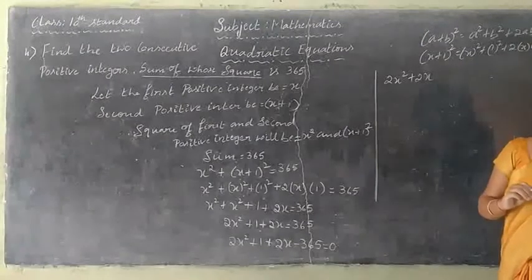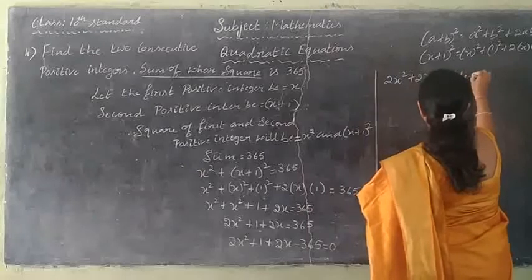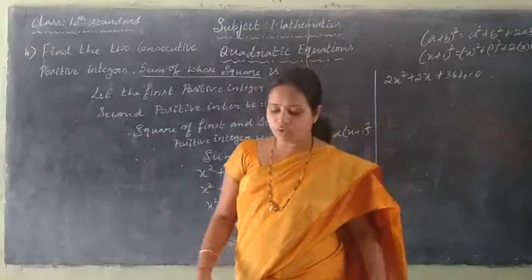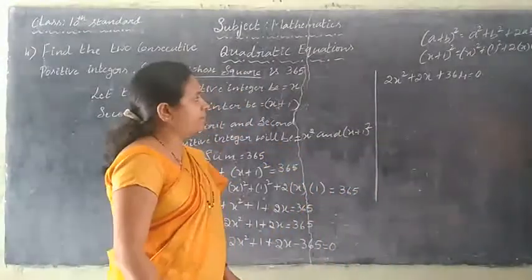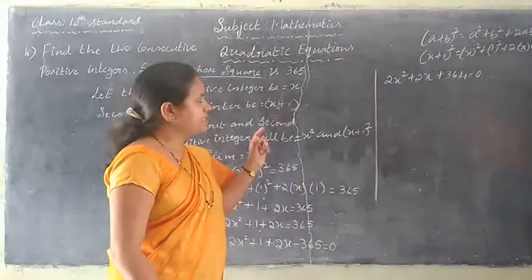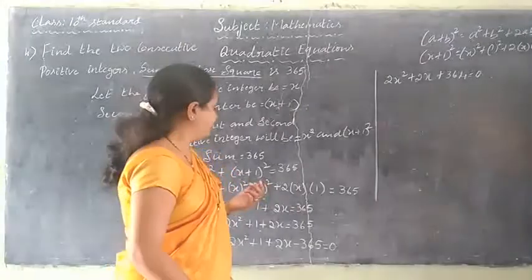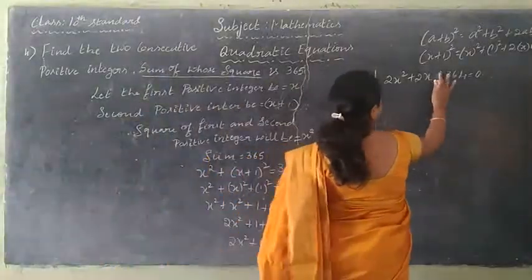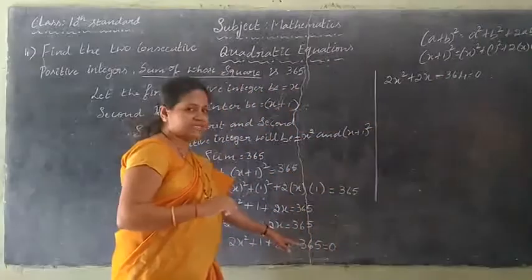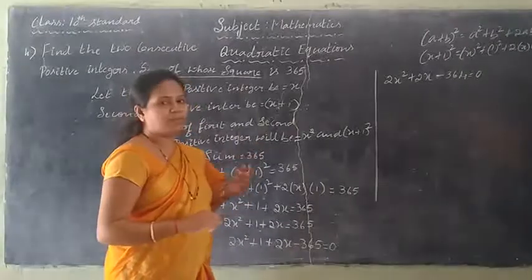When you subtract, you are going to get minus 364, isn't it? Sorry, this is minus, children. See, minus 365 is there, so when we subtract, we get minus 364. That is not plus. Understood?